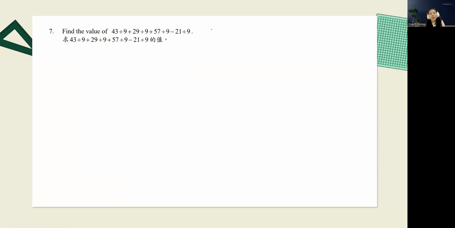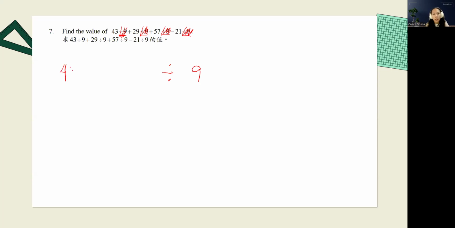So for number 7, we're asked to find the value of this expression right here. And to do that, you can see, we can actually have a shortcut. We can see that it's being divided by 9 all throughout. So we can take divided by 9 out, okay? Take that out, and then copy everything else that remains, including the symbols or the operations.